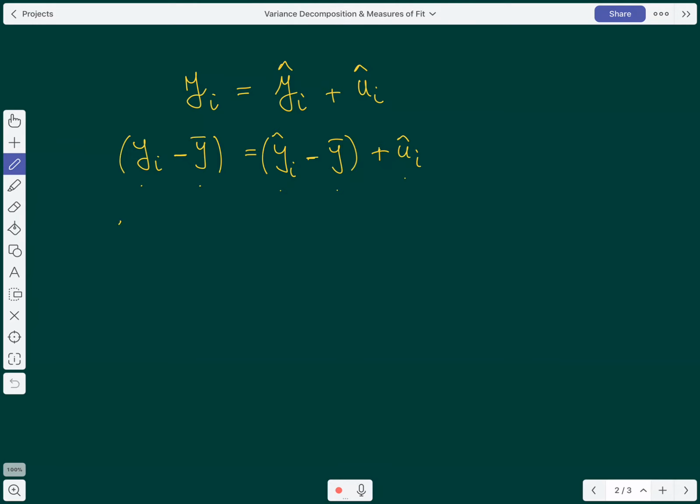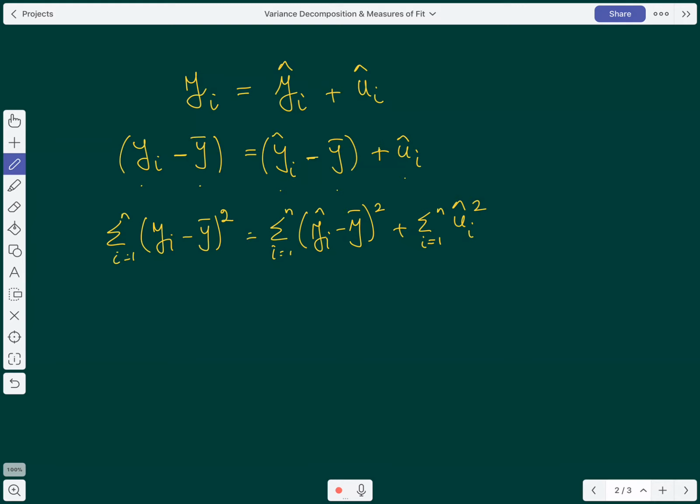We can also sum this from i equals 1 to n of yi minus y bar, and we can square it, and we do the same thing on the other side: from i equals 1 to n of yi hat minus y bar squared, plus the sum from i equals 1 to n of ui hat squared.